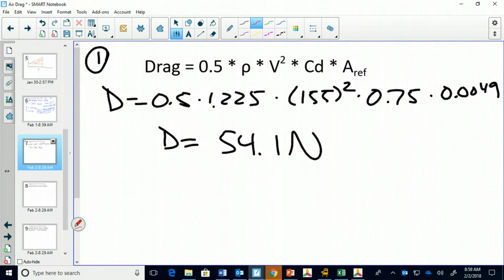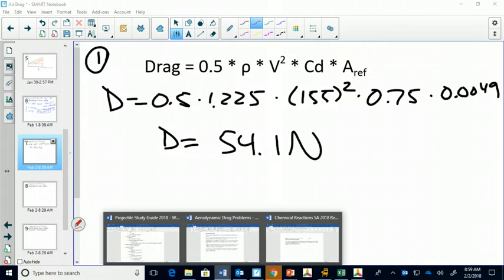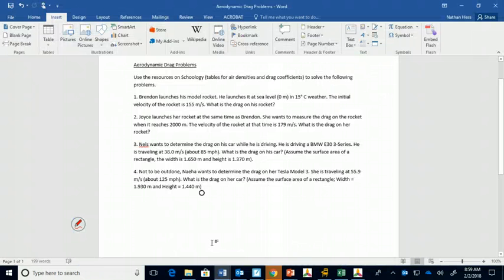How about for number 3? What's different there? Okay, so we're changing from a rocket to a car, right? And Nels has his BMW E33 series. Very slick car, right? Now, again, I tell you how fast he's going, and we want to find the drag on the car.